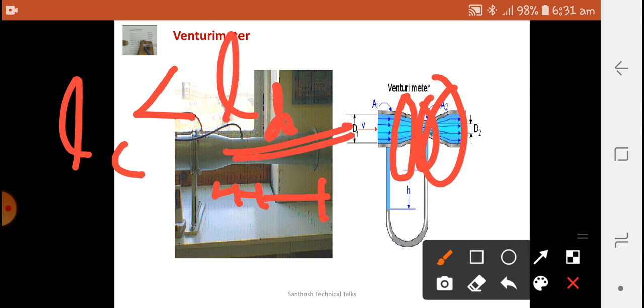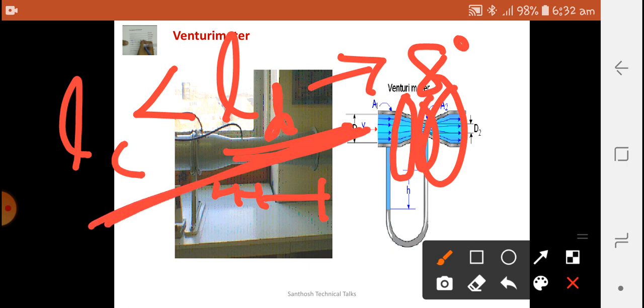The angle of the divergent is not more than 8 degrees, because if it exceeds 8 degrees, flow separation happens. We know that the pressure gradient separation will cause a series of losses in the flow. Therefore the divergent length is more since the angle is less. So this is the interest about the Venturimeter.